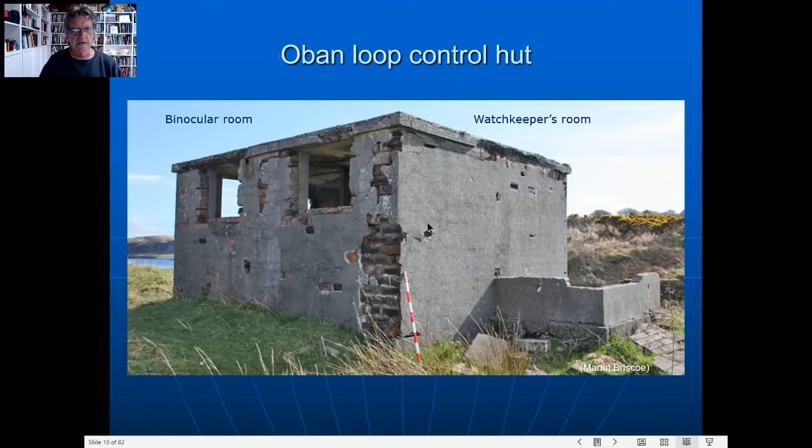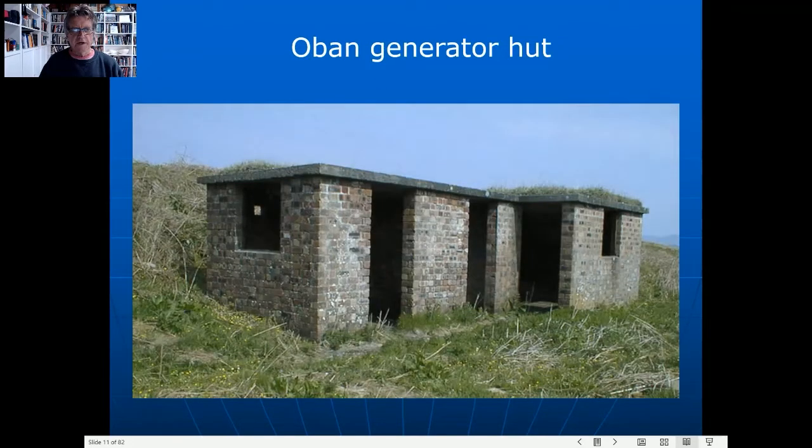Okay, and the generator hut, which was down lower, there's 3 rooms in that. The first room is just the fuel store. That'll be full of diesel fuel, and in the generator room they would have had a couple of diesel generators. They generated DC, maybe 32 volts or something like that, and the artificer workshop, or the Tiffy as they would have called him, is here.